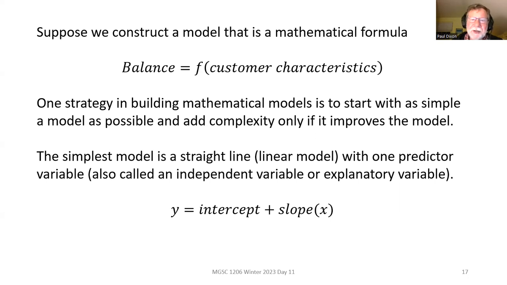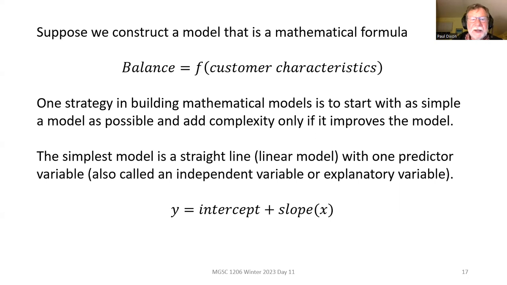So start simple. If I'm building a formula, what's the simplest type of formula you can get? The simplest relationship between an x and a y? It's a straight line, and it only has one variable. So one x variable predicting one y variable.